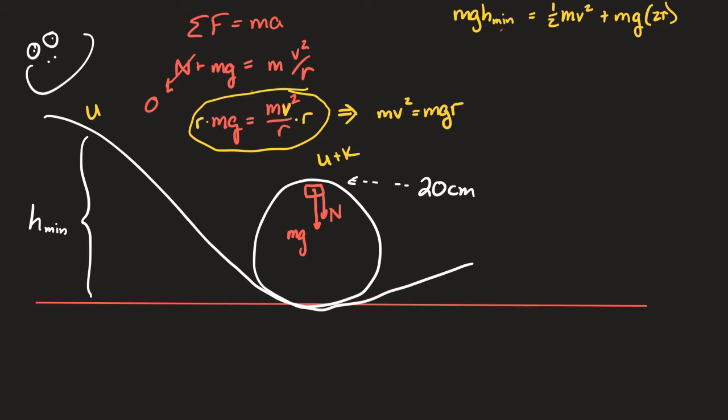Now, it's a 1/2 mv squared here, so I could make this a 1/2. And now I could throw that over there and get mgh minimum equals 1/2 mgr plus 2 mgr.